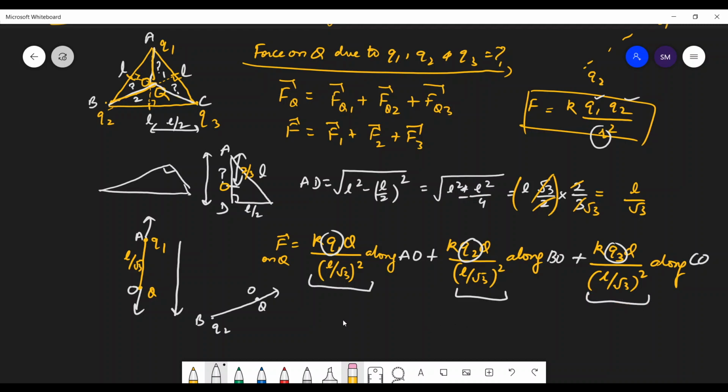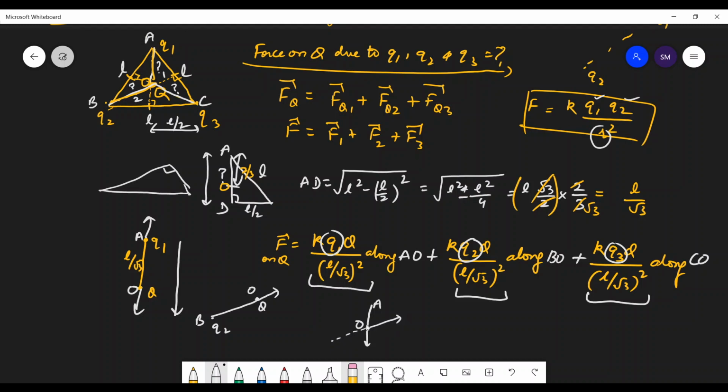And they are along AO, in this direction, this force along BO in this direction, and this force along CO in this direction.